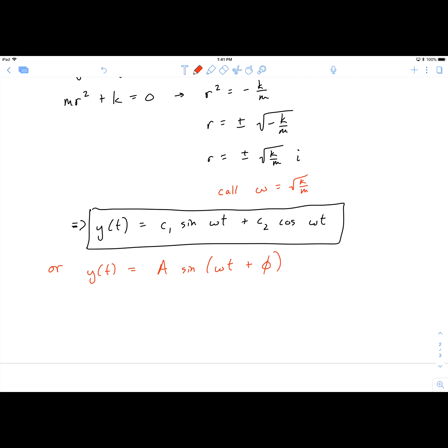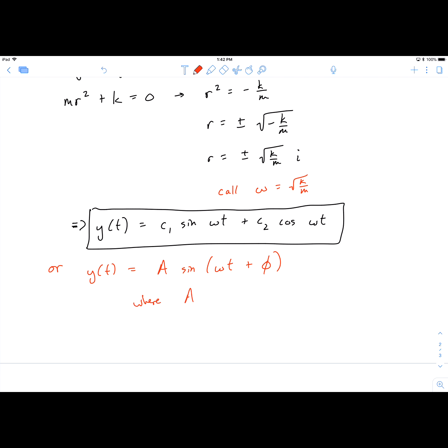We can essentially convert this combination of sine and cosine into a single sine function that will show us more clearly what the frequency, the amplitude, phase shift, and other things like that are of this curve. All those terms that you learned about back in pre-calc.